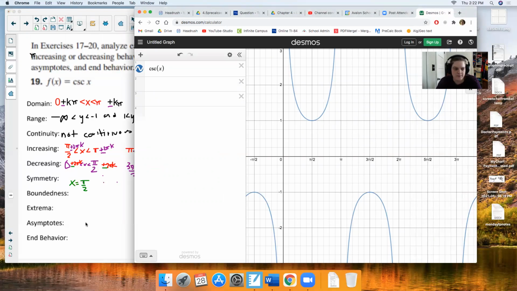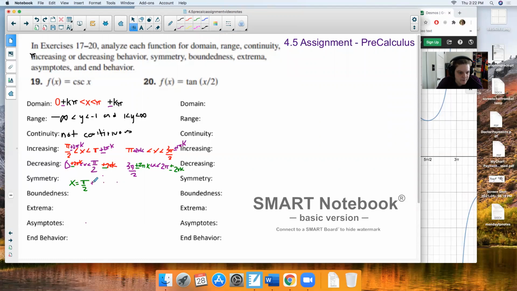Pi between them. So symmetry is at x equals pi over 2, but then every pi distance after that. It is not bounded, because bounded is if it doesn't go up or down for infinity, which it does. So it is not bounded. It's kind of bounded in between, but that's not a thing, so we're not going to identify that.